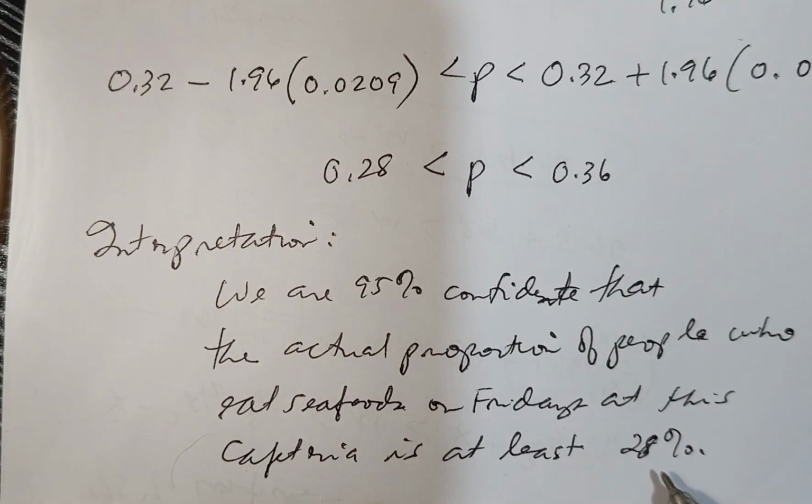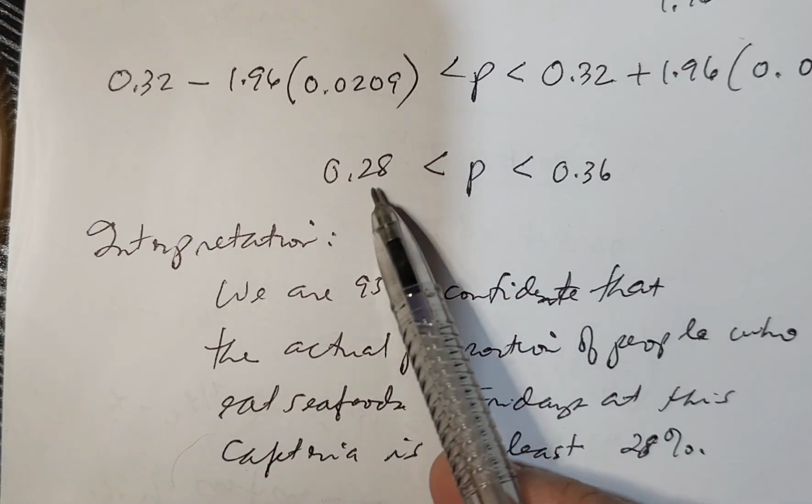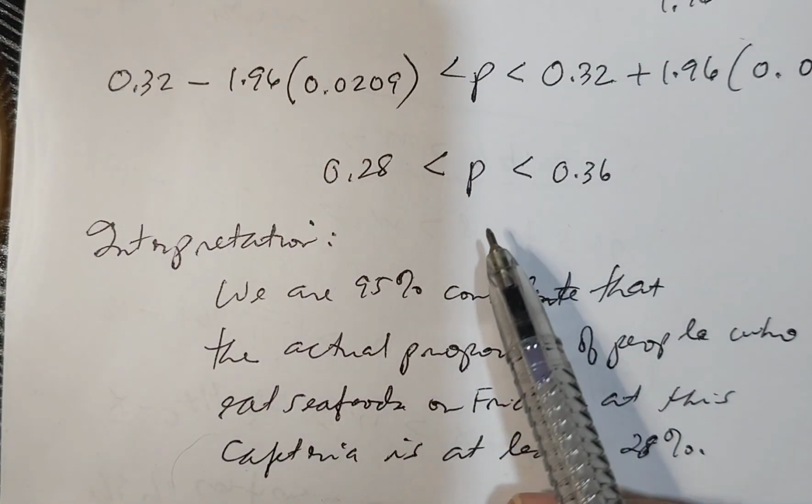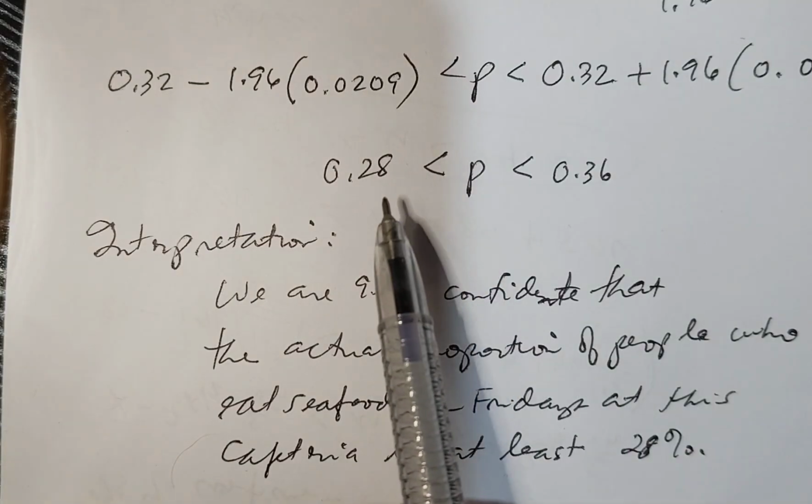Where does the 28% come from? This is the lower limit of our confidence interval for the proportion. So at least 28%.